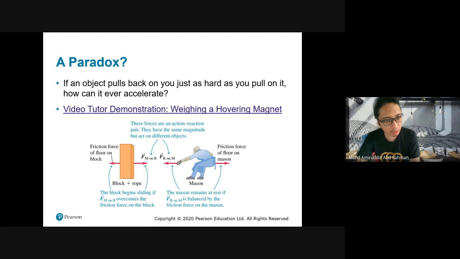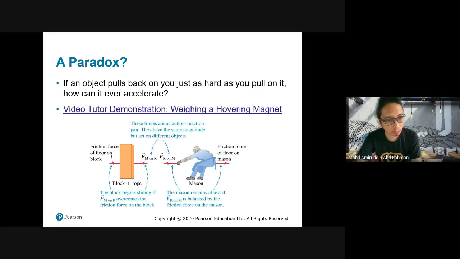There is an action and reaction pair, where we have a mason trying to pull the block. So we have both forces acting: F M on R, the force from the mason on the rope, and then the force from the rope on the mason, F R on M.